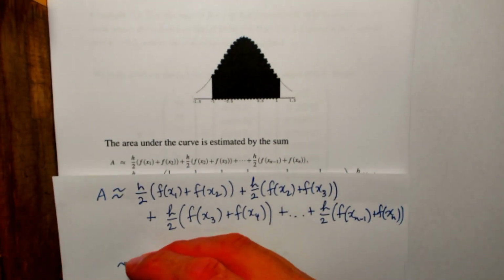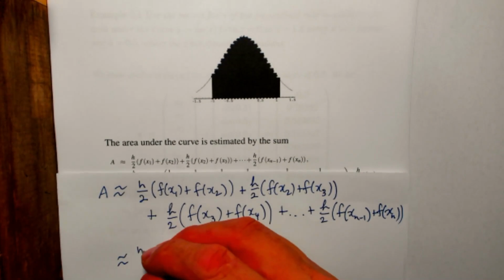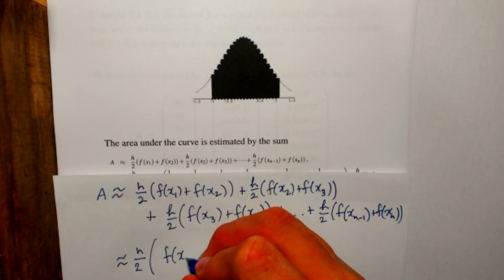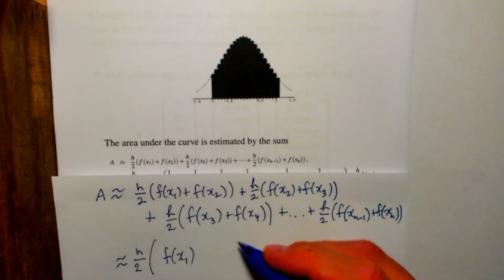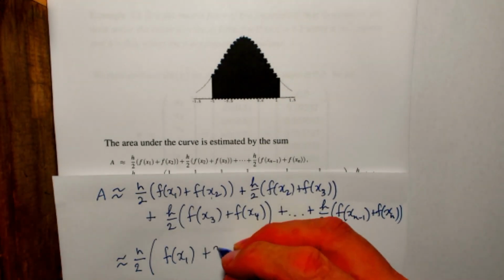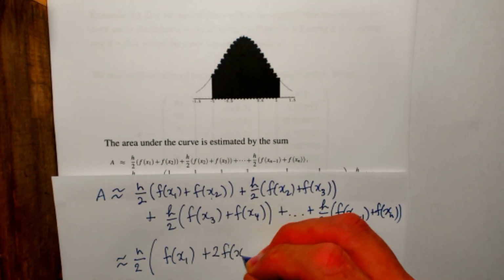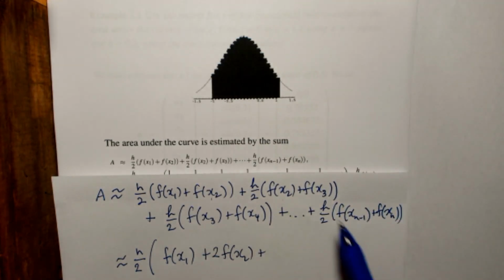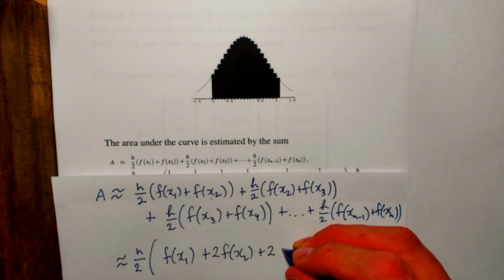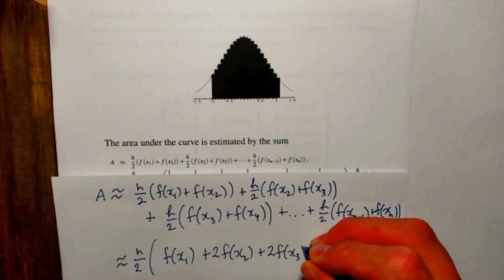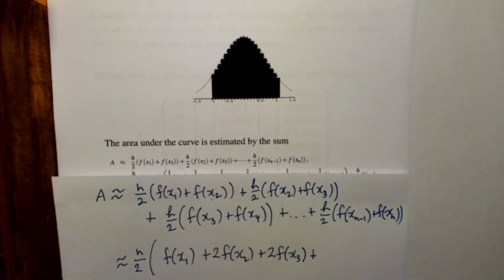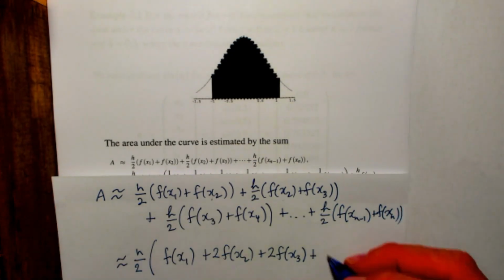So pulling the h on 2 out of every term, we've got 1 of the f of x1s, but then we have 2 of the f of x2s, and we have 2 of the f of x3s, and in fact we have 2 of all of them except for the last one, f of xn, and the first one.